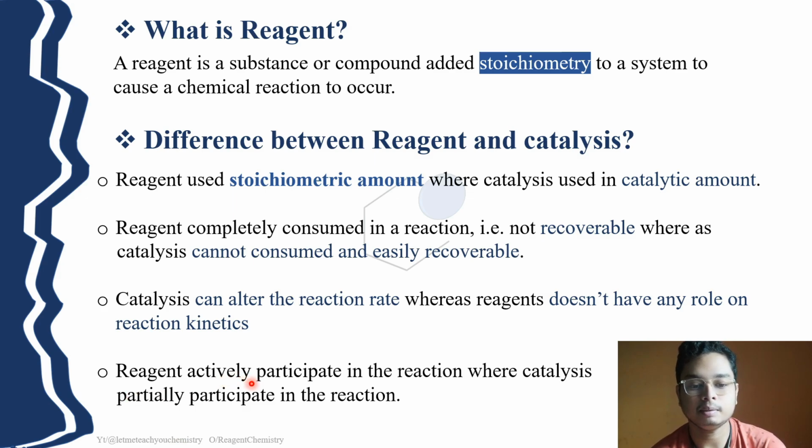And a reagent actively participates in the reaction, whereas a catalyst only partially participates in the reaction. When I teach the asymmetric synthesis part, there you can find some kind of bifunctional catalysis or some kind of proline mediated catalysis. They actually help to stabilize the transition state by doing some kind of hydrogen bonding or some other non van der Waals interaction.